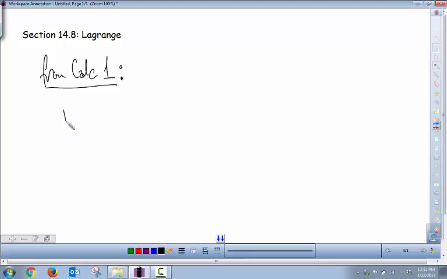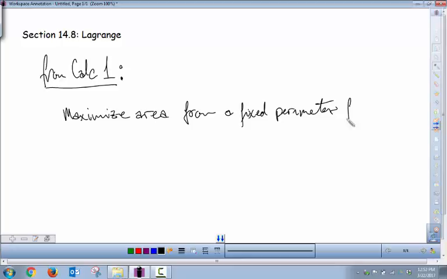Let's say you're trying to maximize area from a fixed perimeter. Fence.